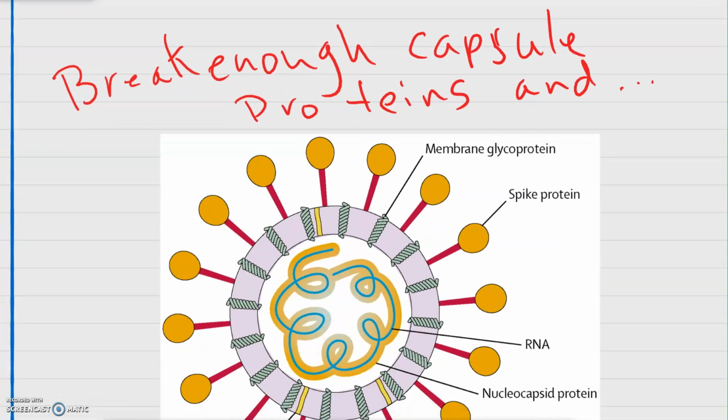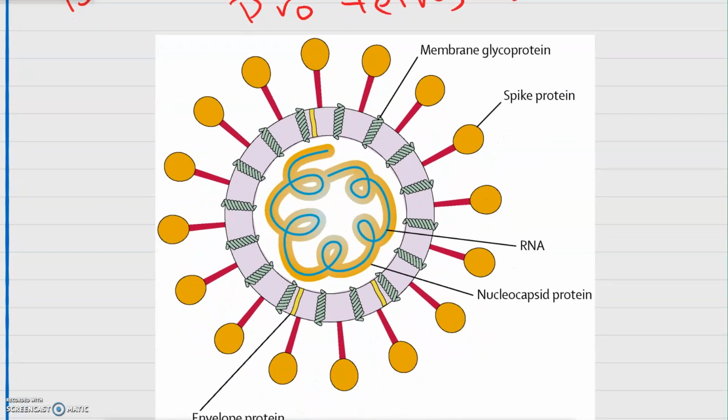So let's take a look at coronavirus. This is a simplified version of what the coronavirus looks like. Here's the genetic material inside the virus. Here is an encapsulating protein, or a protein envelope, that is protecting the genetic material.